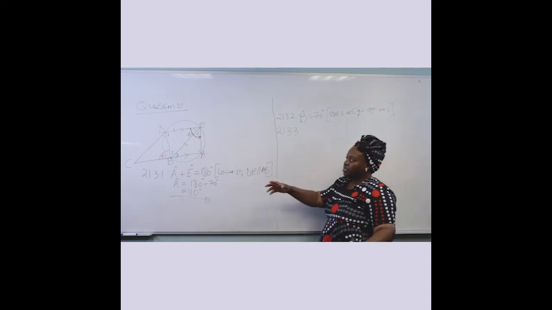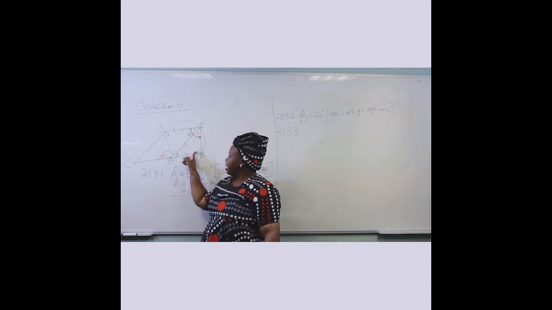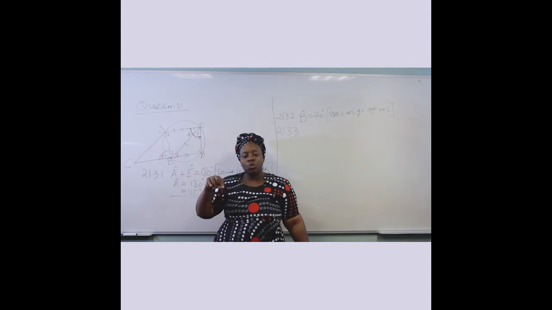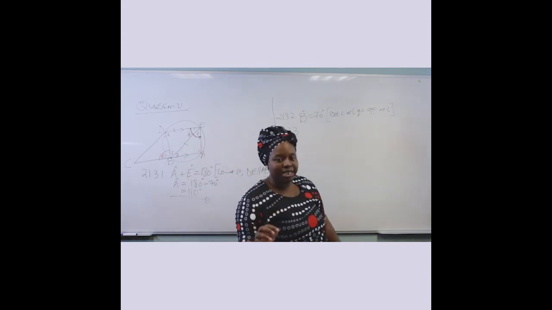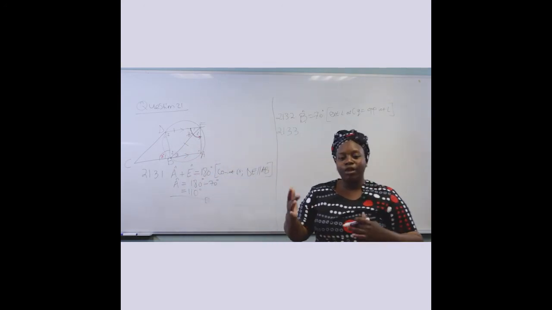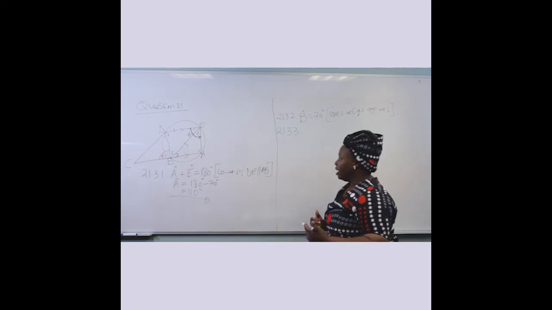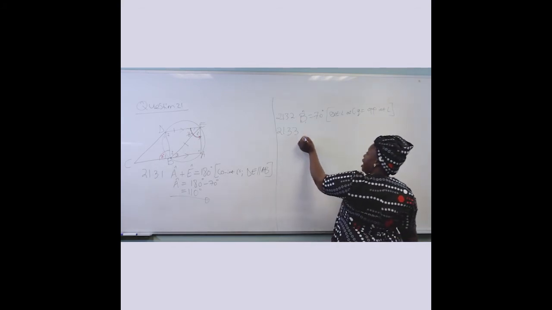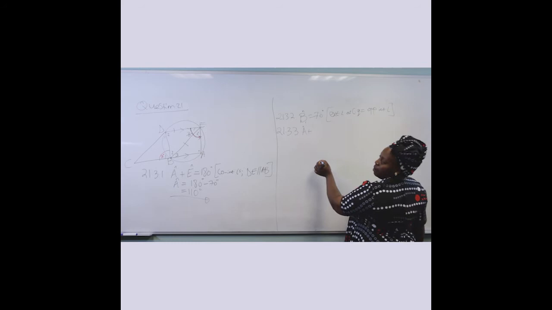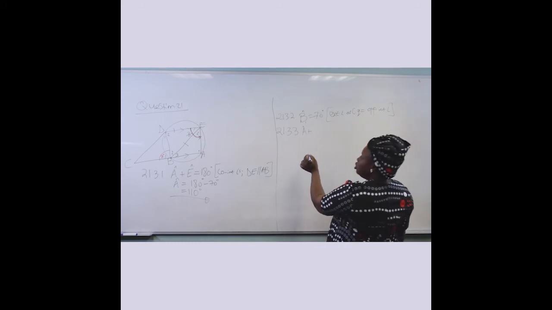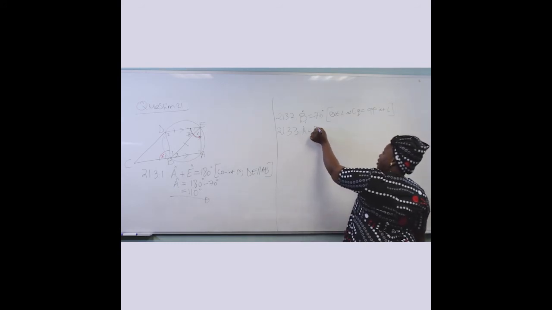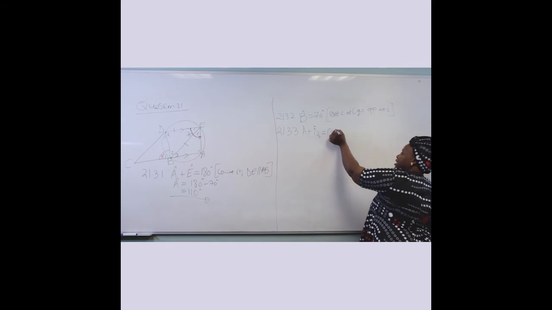Because of that fact, we're going to say that A plus D2 must give us 180. They are supplementary because opposite angles of a cyclic quad equal 180. So we're going to say A, that's our angle, plus angle D2 without D1 must be 180 degrees.